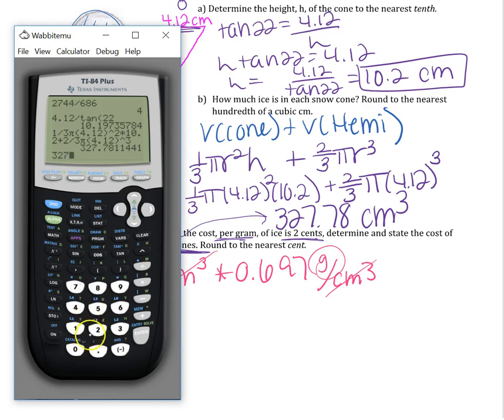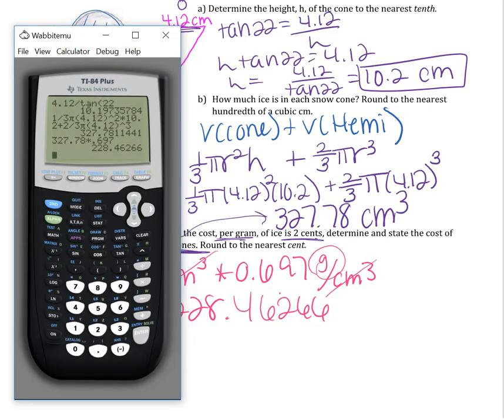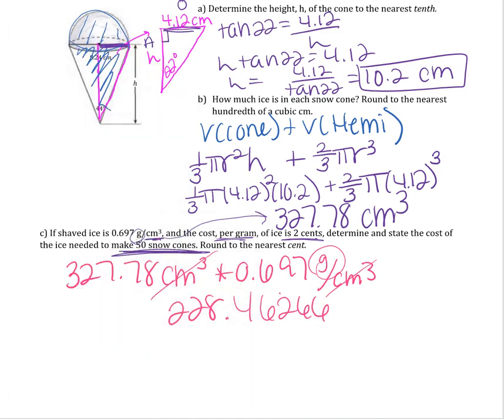So 327.78 times 0.697, 228.46226. I think that's right. Make sure I copied it right. Good. Okay, so this is how many grams you have of ice.